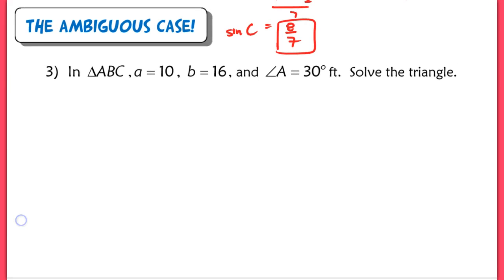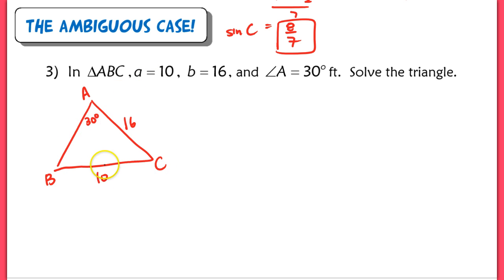All right. So we have a triangle here, similar setup. We still have angle side side. I have angle A is 30 degrees, opposite angle A is 10. Opposite big B here is 16, and I've got big C. All right. Now if I set up the sine of 30 over 10, this starts looking totally normal still.